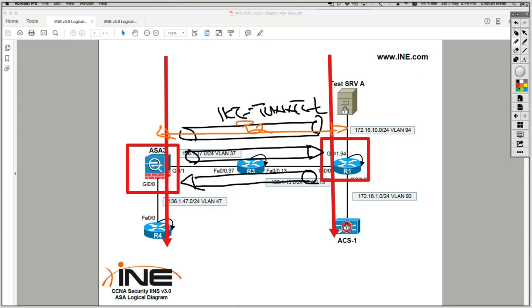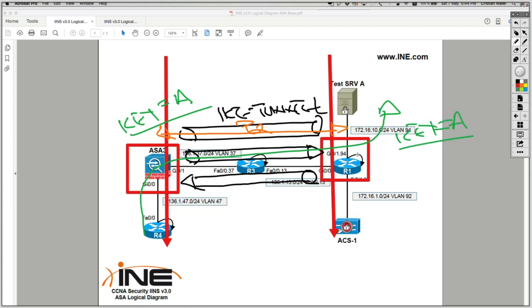So what's going to happen? Let's say we negotiated to secure traffic in the IPsec tunnel between VLAN 94 and VLAN 47. As traffic flows from left to right and ASA 3 sends traffic in the IPsec tunnel, ASA 3 is going to encrypt traffic with, let's say, key A, and router 1 is going to decrypt traffic with key A. So still symmetric encryption.